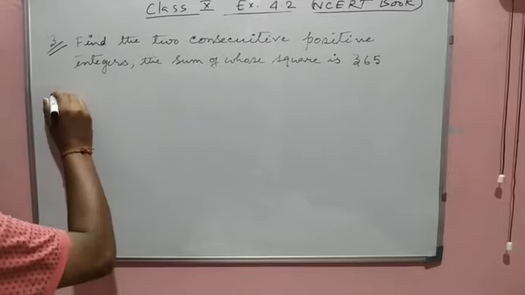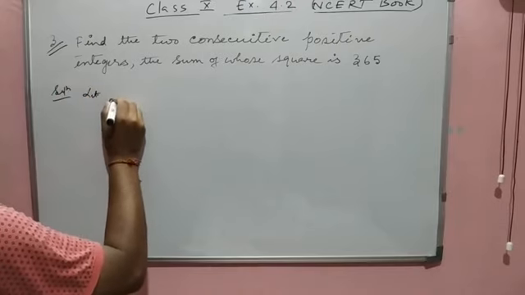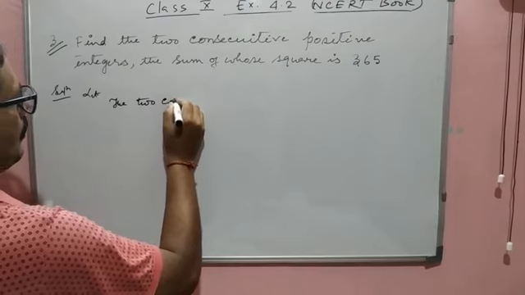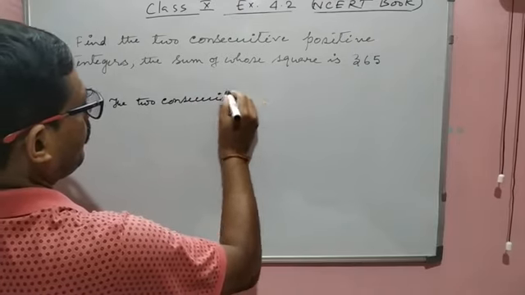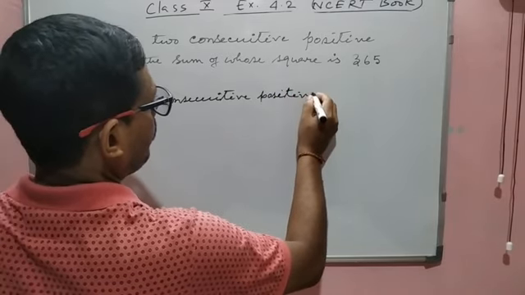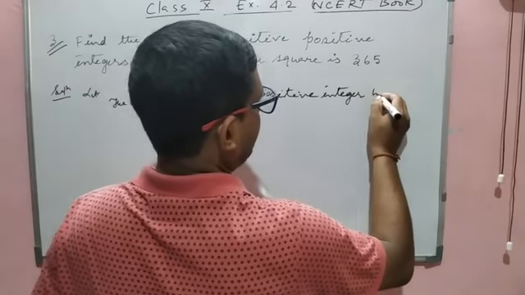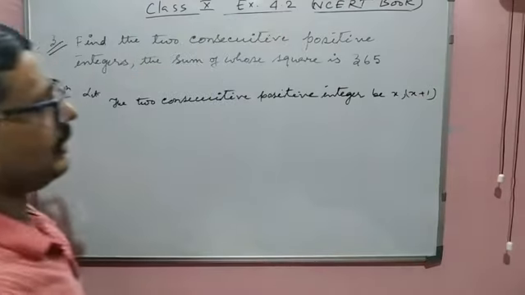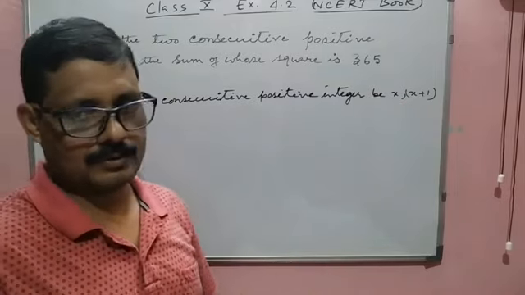So let the two consecutive positive integers be x comma x plus 1.